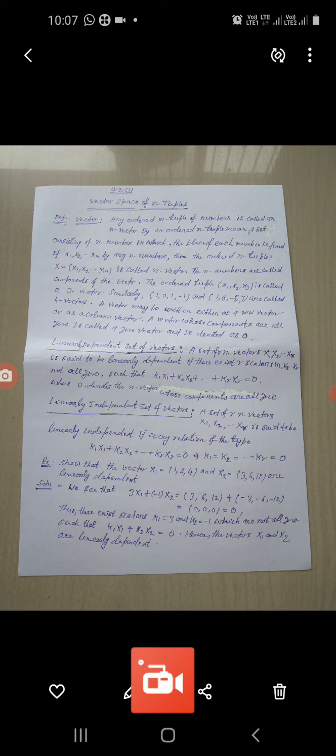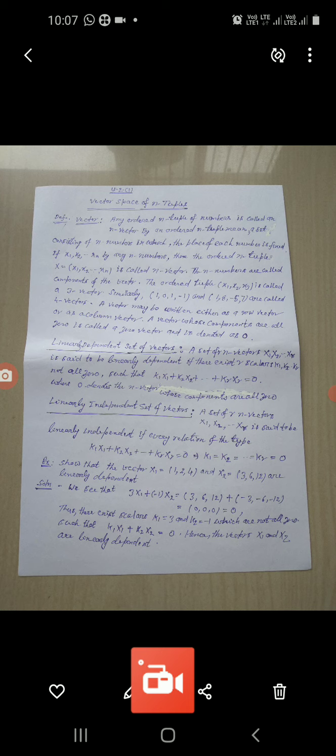Similarly, linearly independent set of vectors. A set of r n vectors x1, x2 up to xr is said to be linearly independent if every relation of the type k1 x1 plus k2 x2 and so on plus kr xr equal to 0 implies that all the constants, that is k1 equal to k2 equal to kr, are equal to 0.